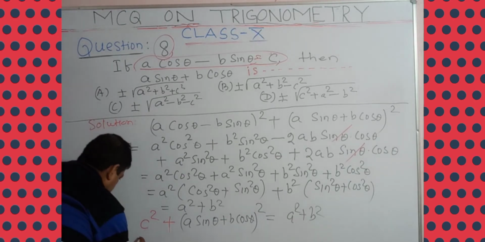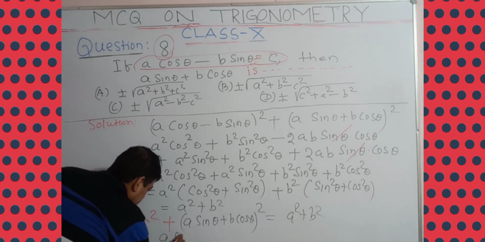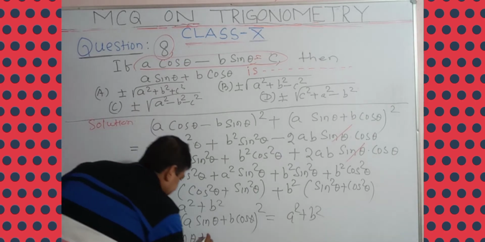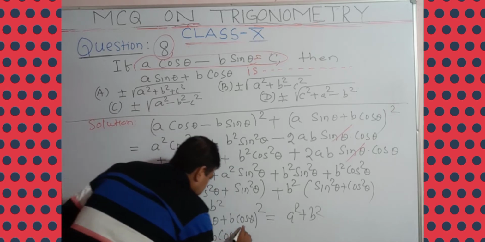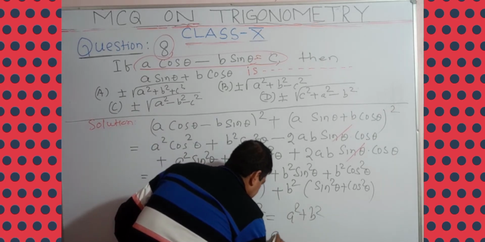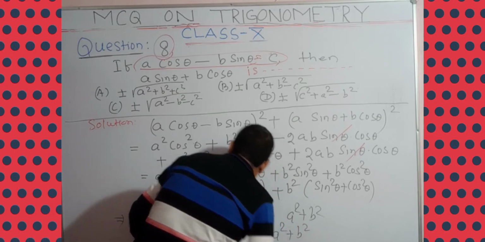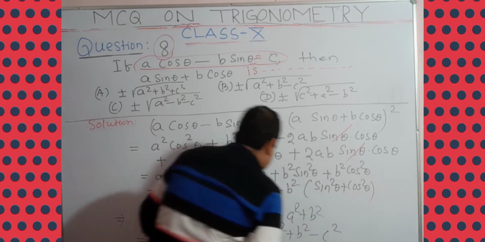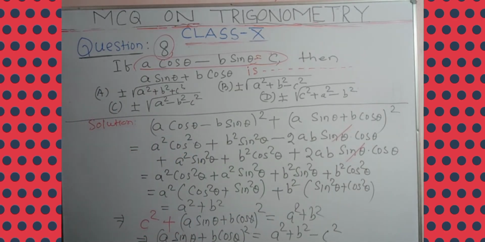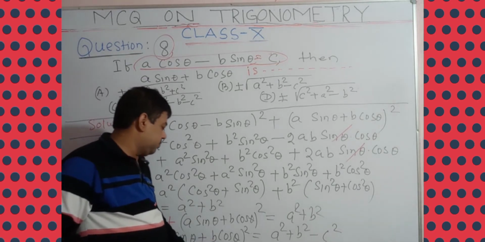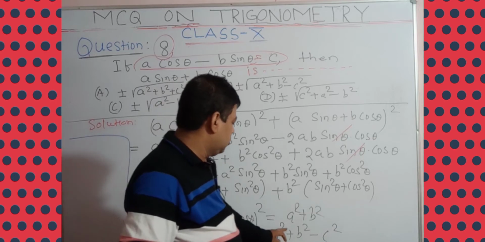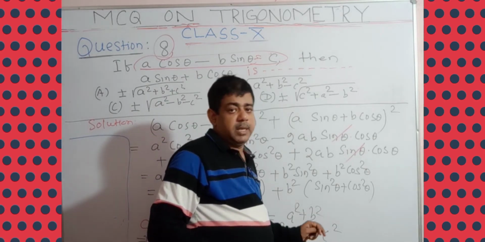Yes. So you see now, a sin theta plus b cos theta whole square, how much will you get? A square plus b square minus c square. Okay. Yes or no? Understand? So a sin theta plus b cos theta whole square is equal to a square plus b square minus c square.